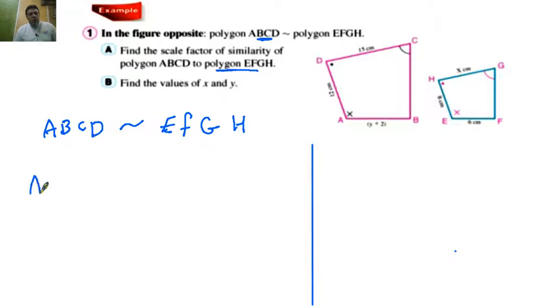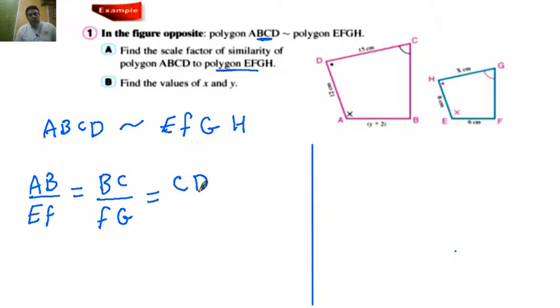So AB over EF equals BC over FG equals CD over GH equals the first and last, AD over EH. That is the proportional sides.